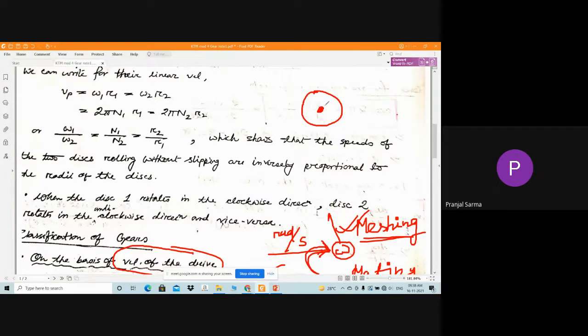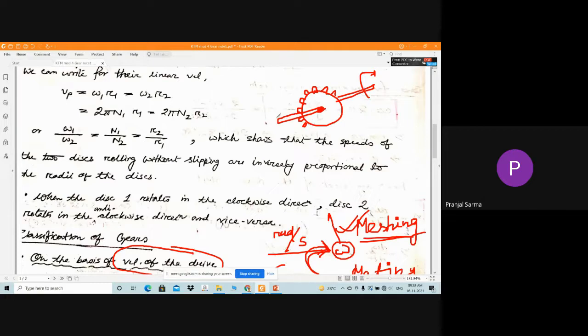From this side the shaft is there, onto which the gear is mounted. Understood? So the center of the gear and the axis of the particular shaft are the same because it passes through here.